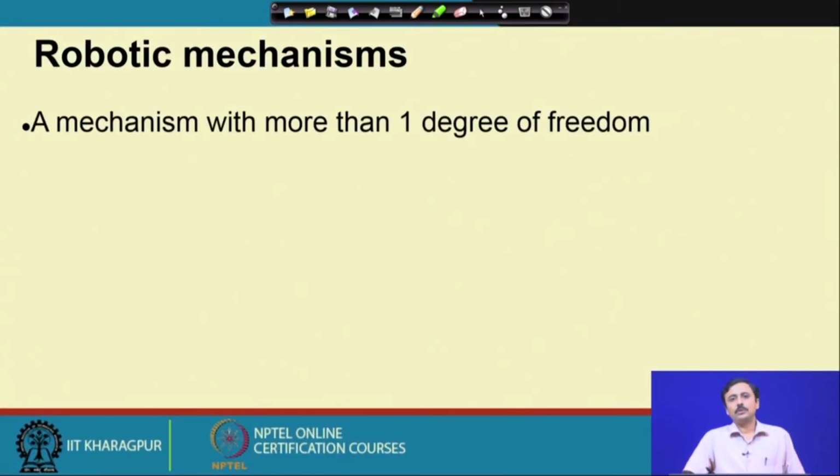Now, we come to robotic mechanisms. In this course we will define robotic mechanisms as those which have more than one degree of freedom, that means 2 or higher. They will be termed as robotic mechanisms.